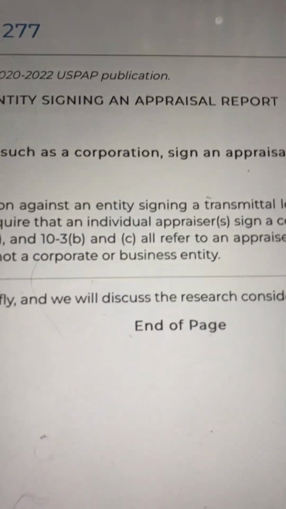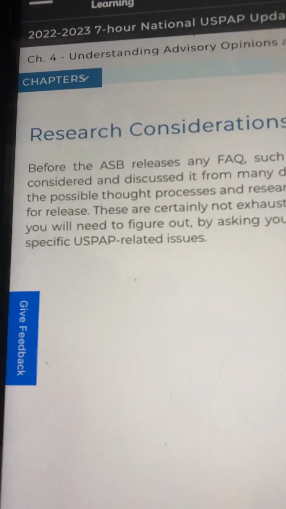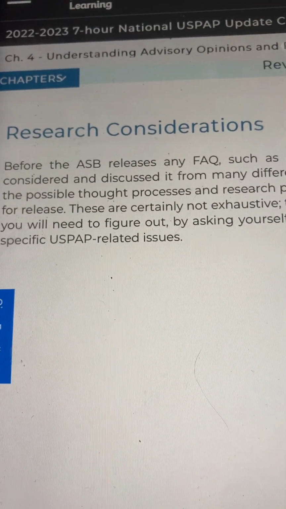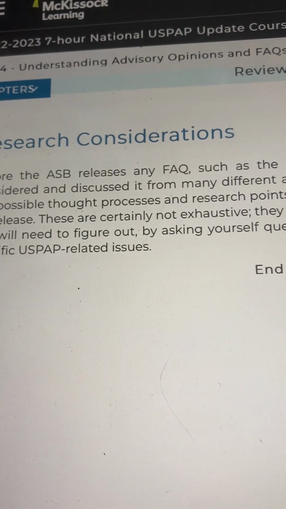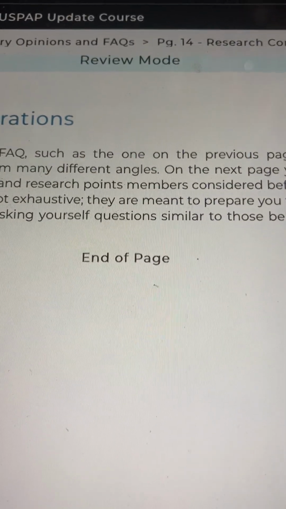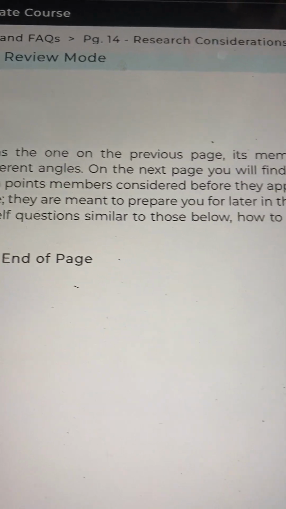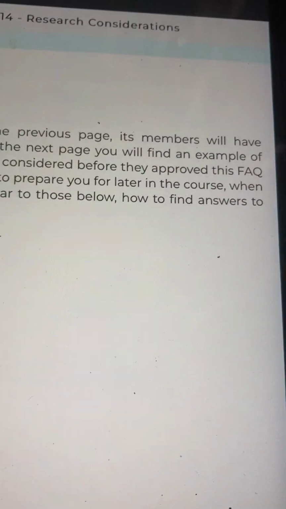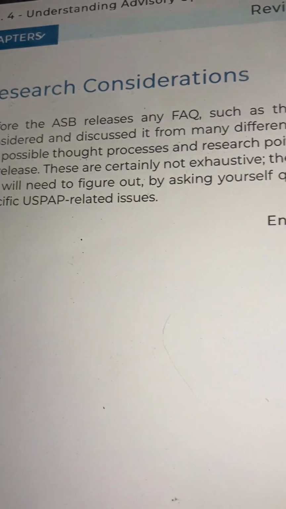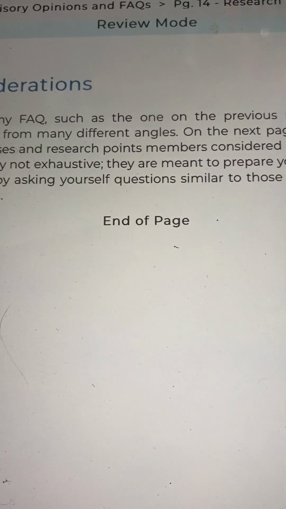End of page. Page 14, research considerations. Before the Appraisal Standards Board releases any FAQ, such as the one on the previous page, its members will have considered and discussed it from many different angles.